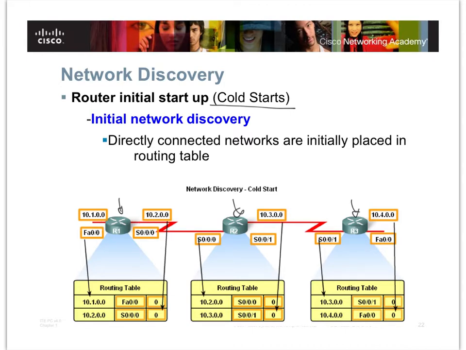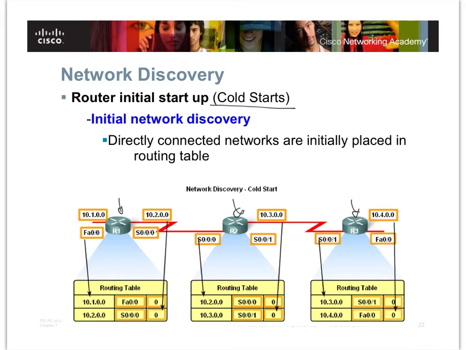And as we said, this happens through the physical layer. So automatically, once the interface starts, this link will be detected, and this link will be detected, and the entries will be put in the routing table, of course, with a metric of 0 to indicate that these are directly connected.